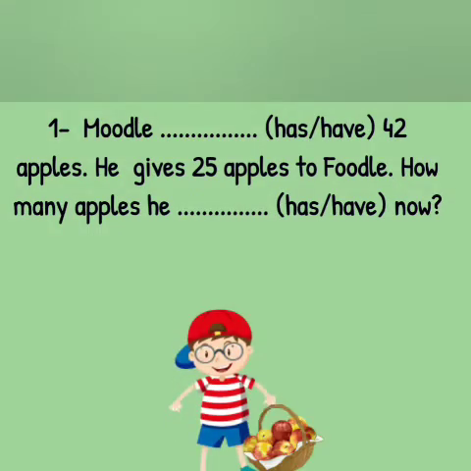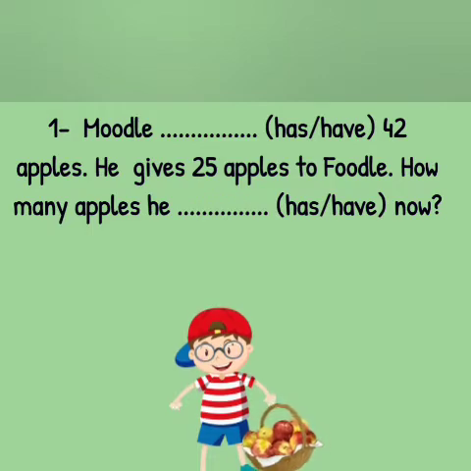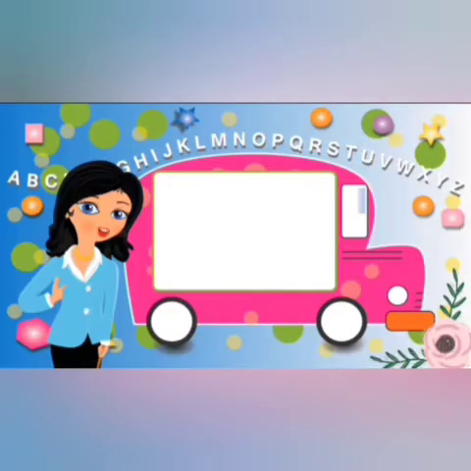Can you see there are two blanks, and for each blank there are two options. So, first you have to fill in the blanks with the correct helping verb, and then we will try to solve this word problem. Okay, so tell me which helping verb is to be used here.